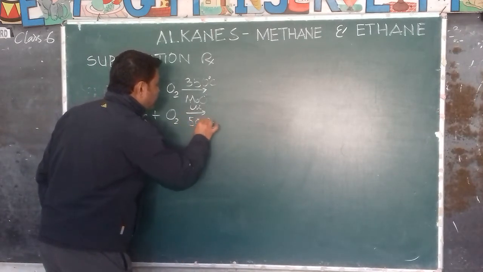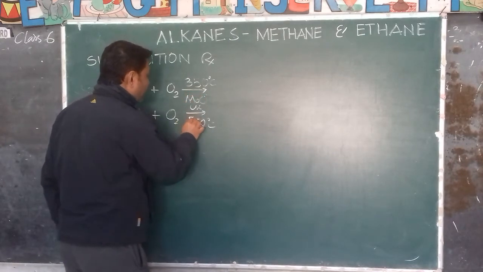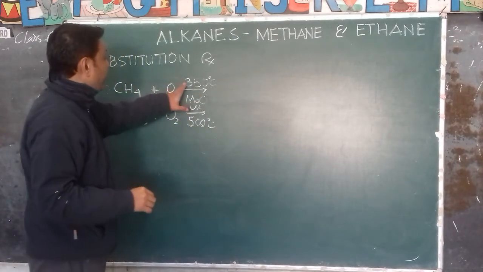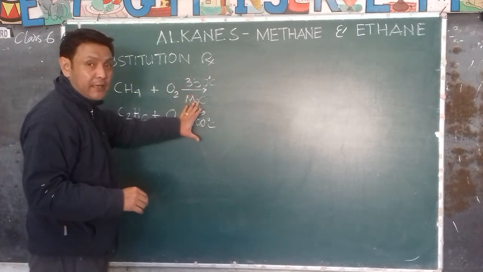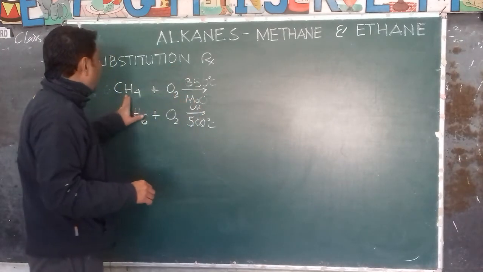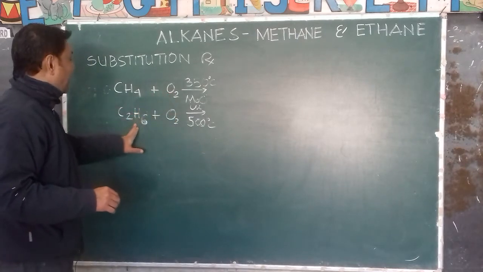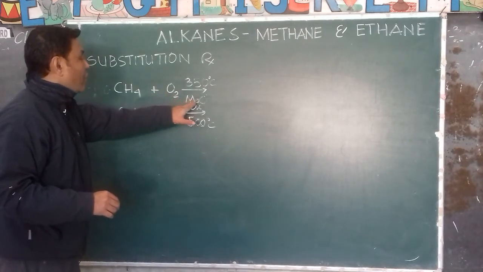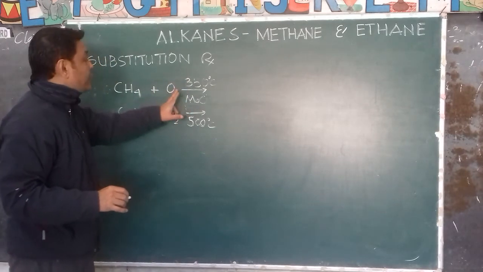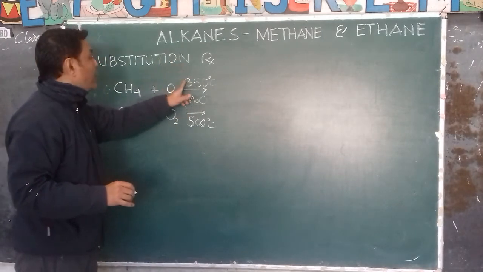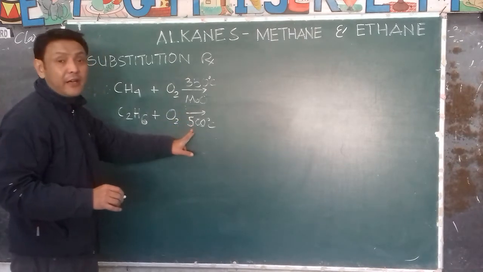I got confused here. So it is 350 to 500 degrees Celsius in both the cases, not 350 here and 500 there. So methane and ethane are oxidized in the presence of molybdenum oxide as a catalyst, somewhere between 350 and 500 degrees Celsius.